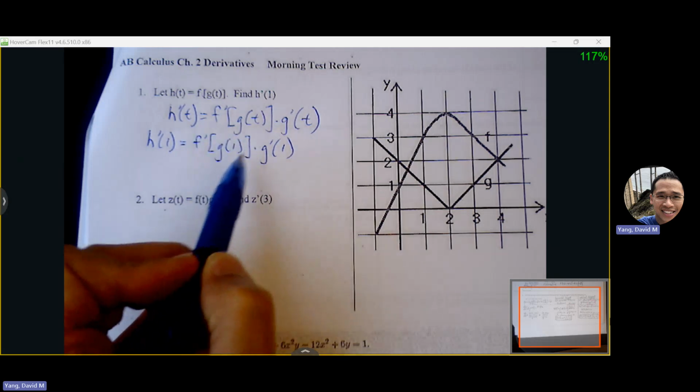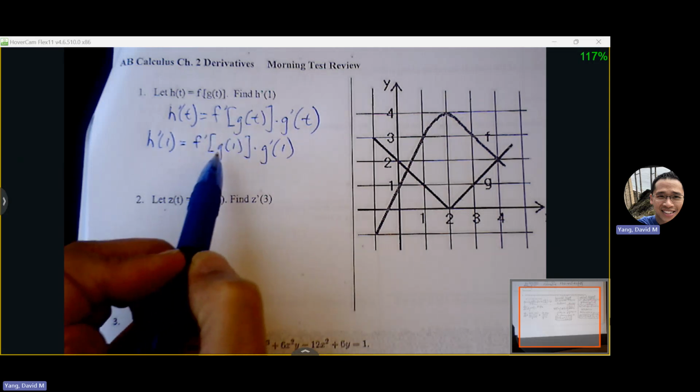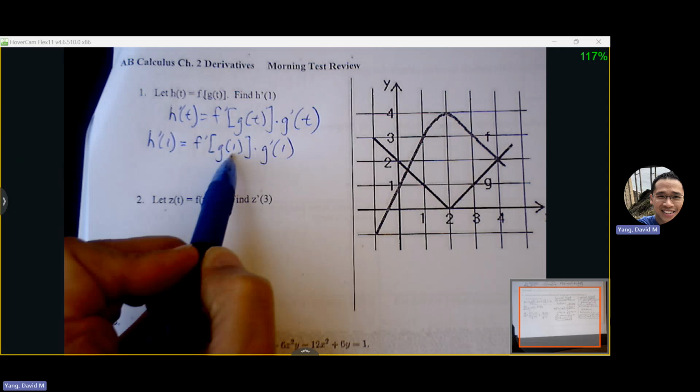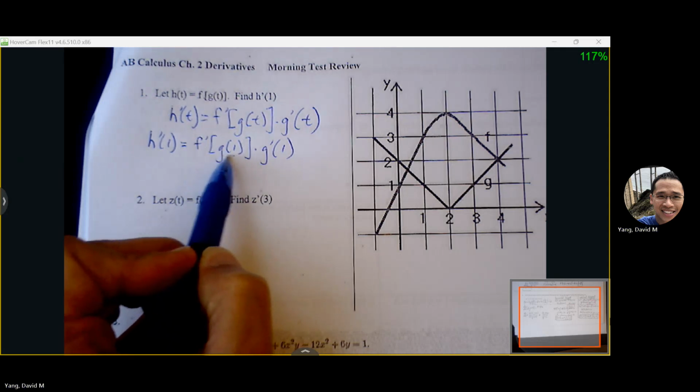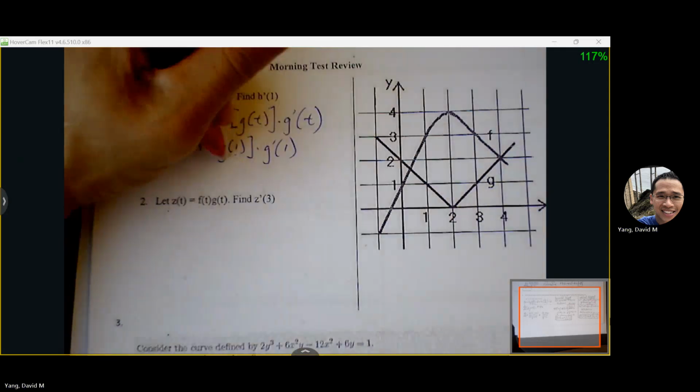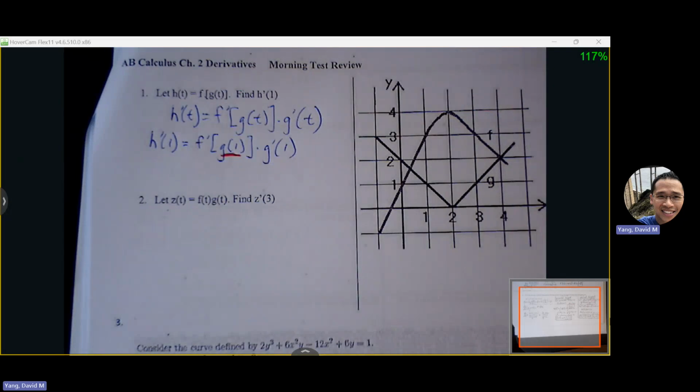You're not going to be able to just find one number and be done with it. We got to do this one piece at a time. So find g of 1 first. That'll give us more clarity as to what we're looking for in the big picture.